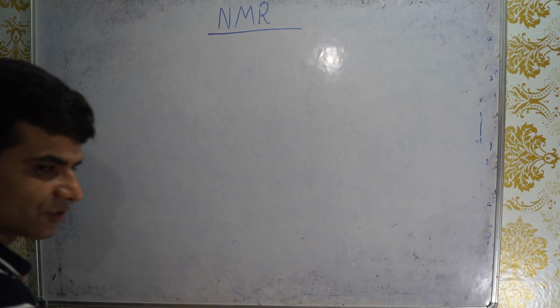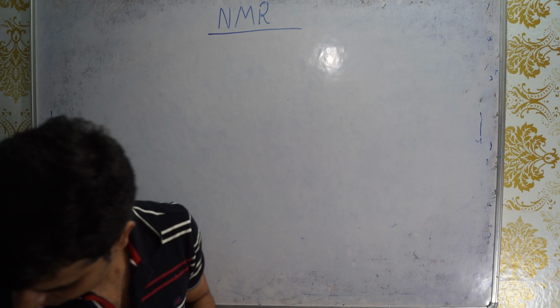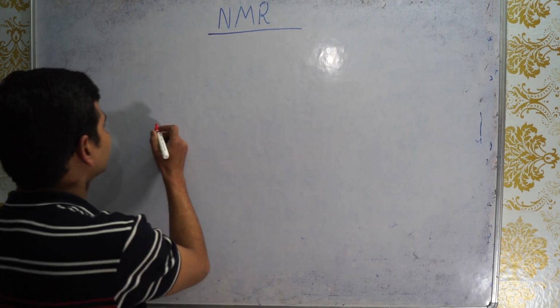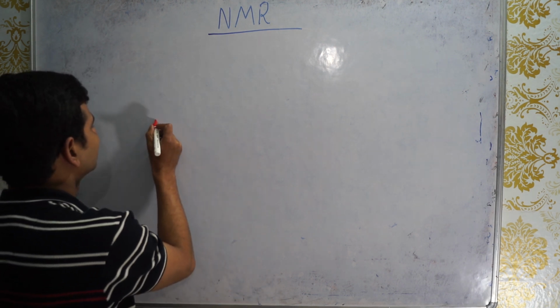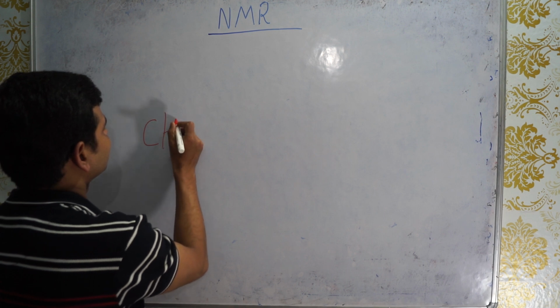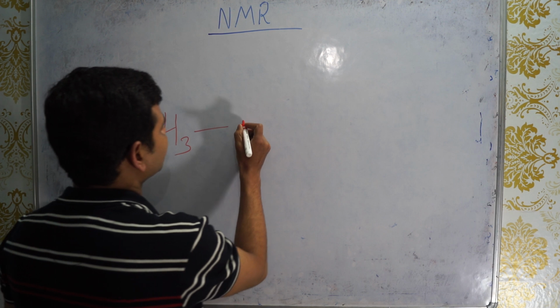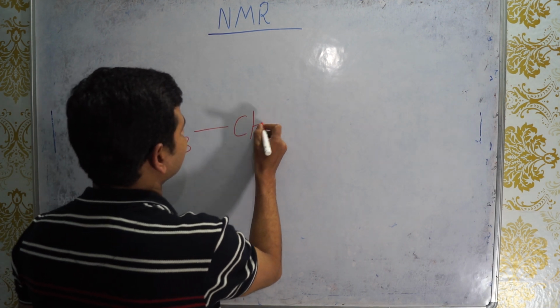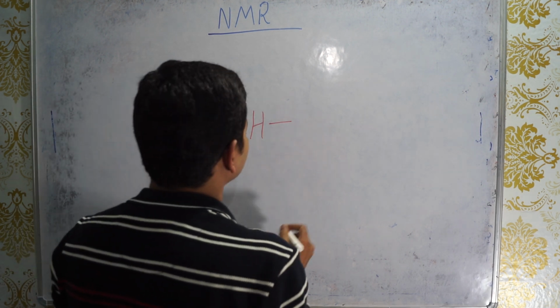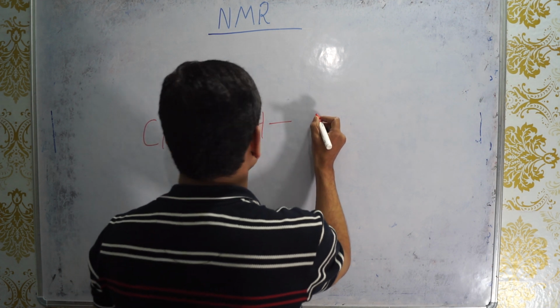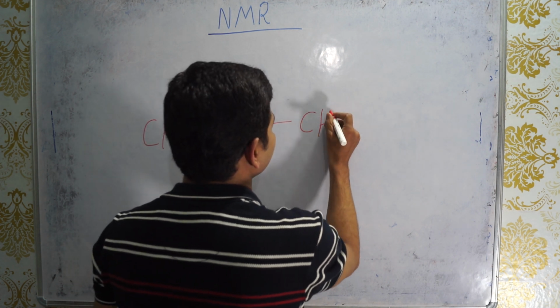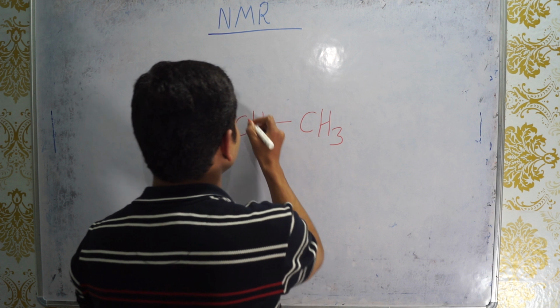In the second case, we are supposing C3H7Cl is available in the form of 2-chloropropane. This is 2-chloropropane: CH3, CH, and CH3.